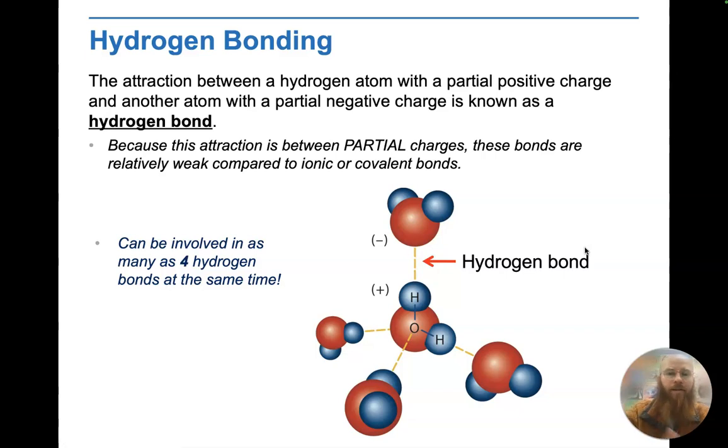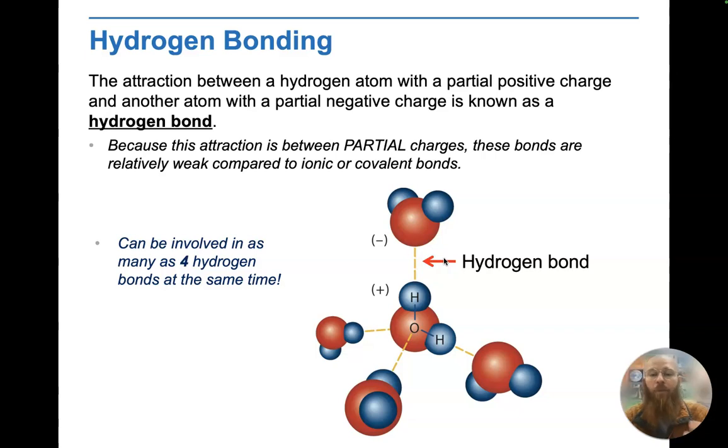And so that's within the water molecule itself. We also have how these water molecules can actually come together with each other. So this attraction between a hydrogen atom with a partially positive charge and any other atom, especially another water molecule, like an oxygen from another water molecule with a partial negative charge, anytime we have that attraction, we call that a hydrogen bond, right?